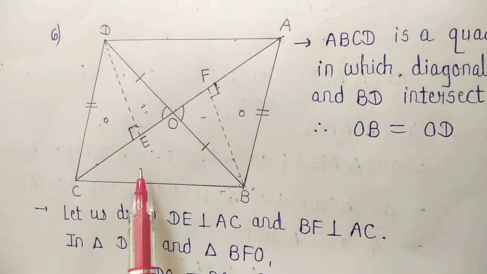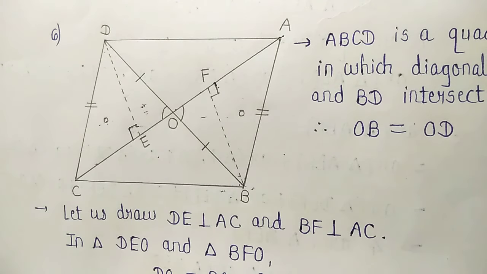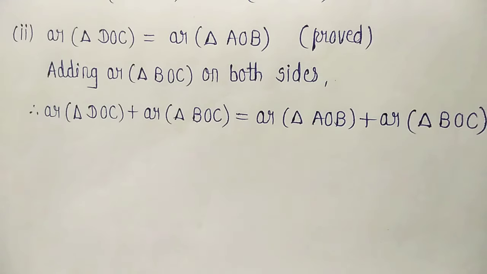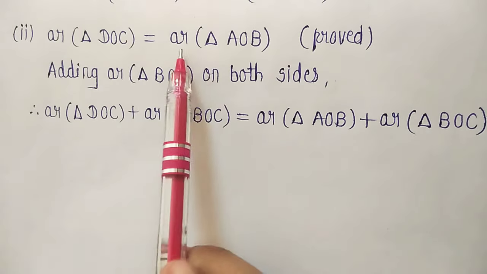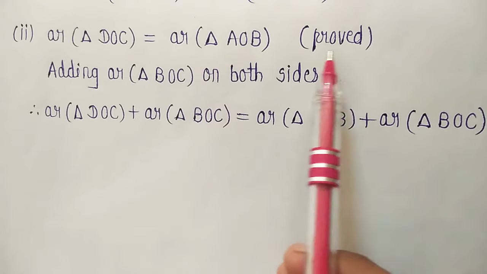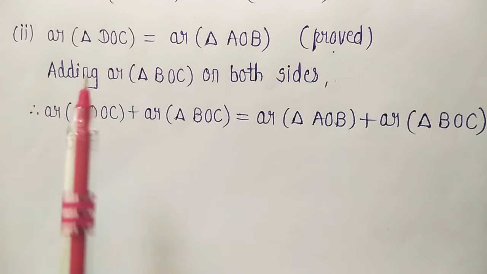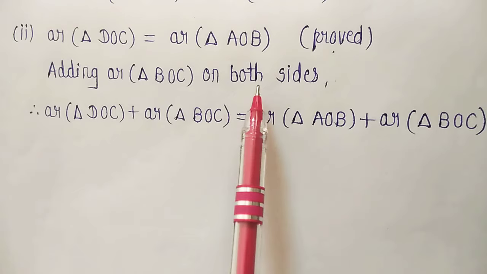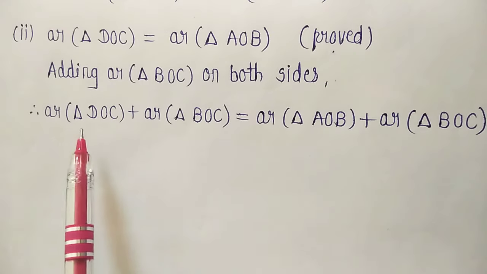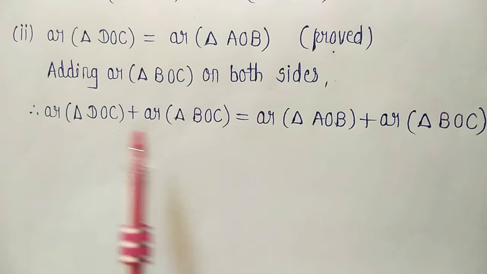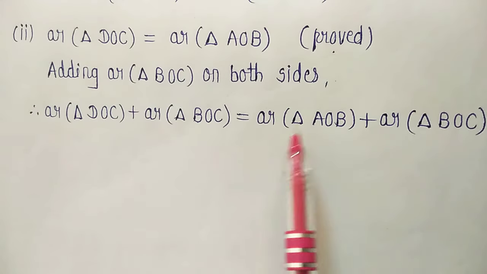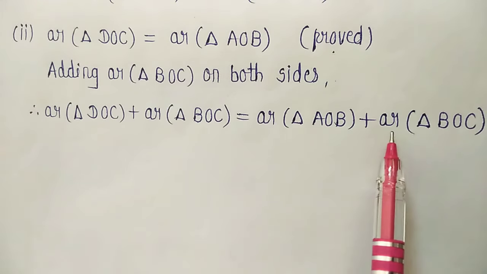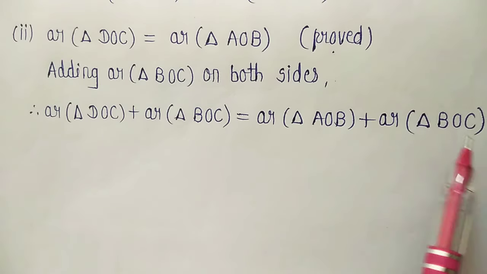We will add area of triangle BOC on both sides. We will write number 2. Area of triangle DOC is equal to area of triangle AOB, we have proved. Adding area of triangle BOC on both sides, we get area of triangle DOC plus area of triangle BOC is equal to area of triangle AOB plus area of triangle BOC.